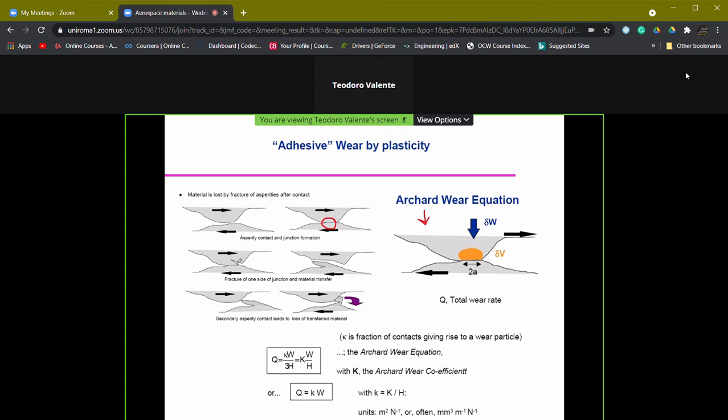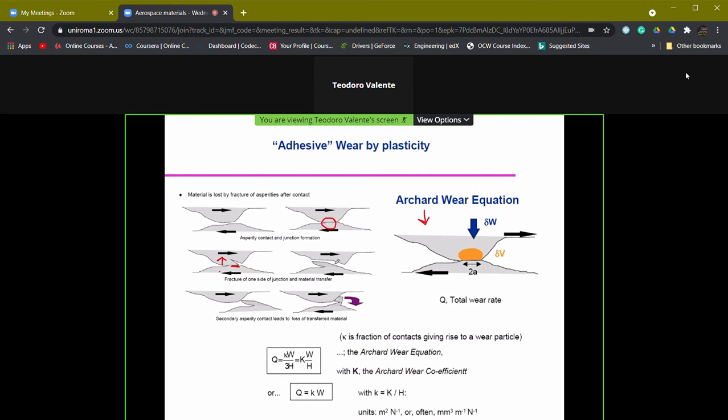Secondly, when we need to maintain the relative movement and break the micro welding, if we think, for example, of two different material compositions, the breaking point is not localized where the original micro welding was, but happens a little bit under the surface of the so-called weaker material.